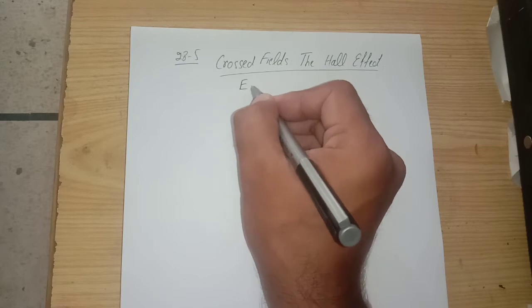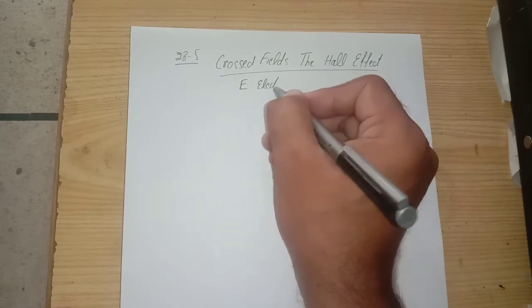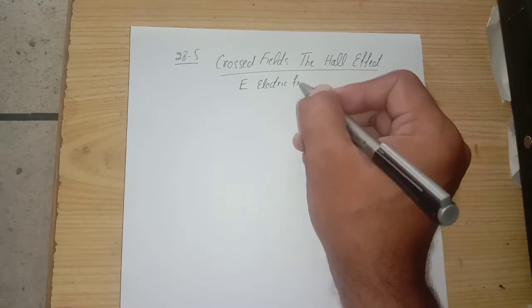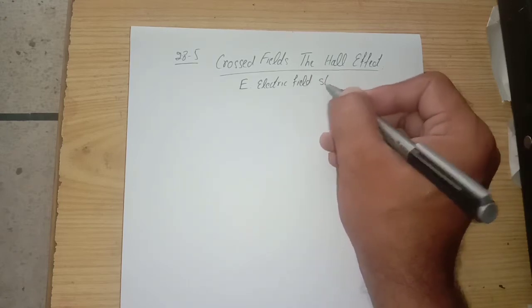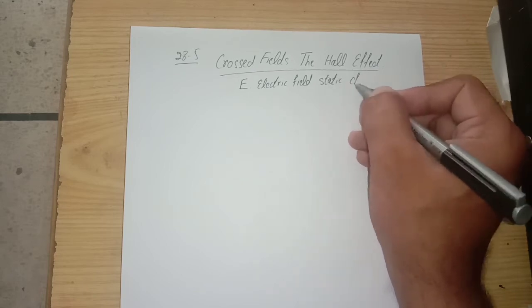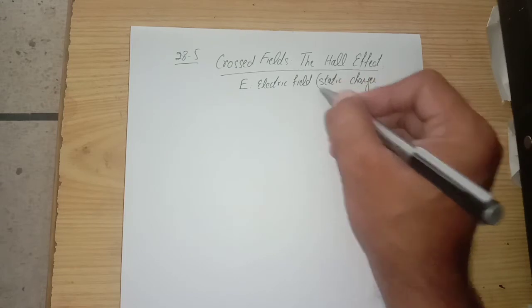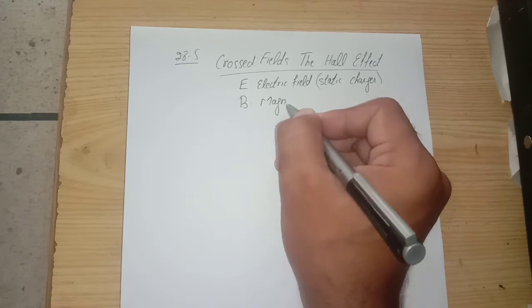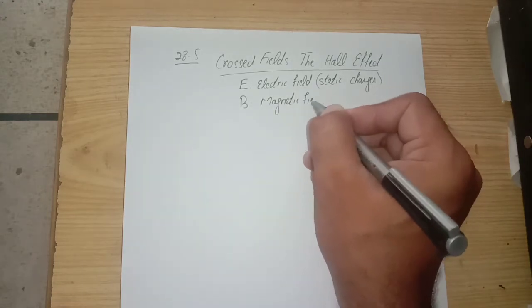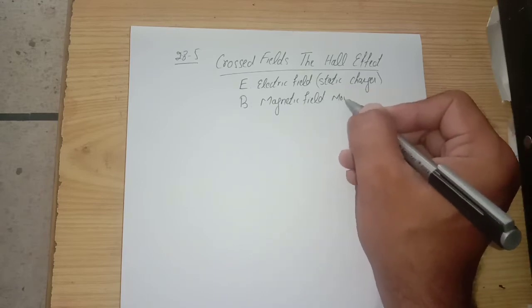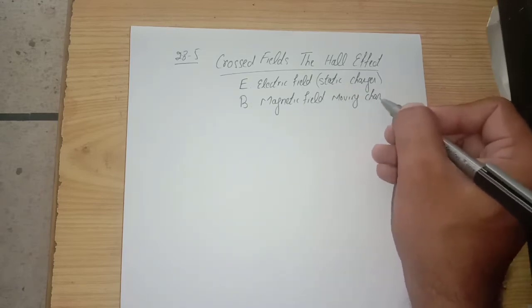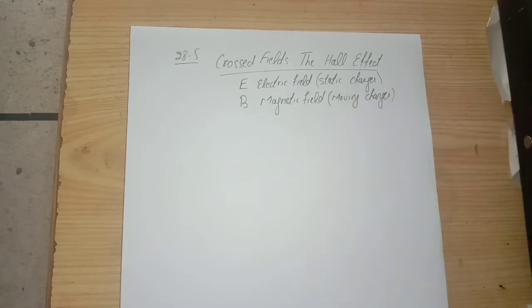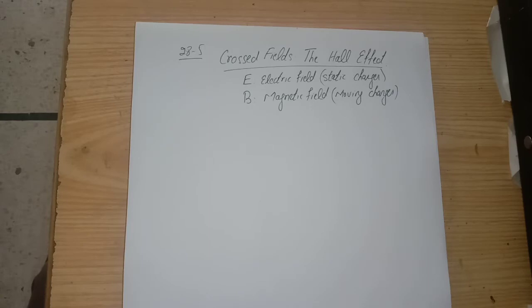E is electric field, which is due to static charges, and B is magnetic field, which is due to moving charges. We should note one thing that a beam of electrons in a vacuum can be deflected by a magnetic field.